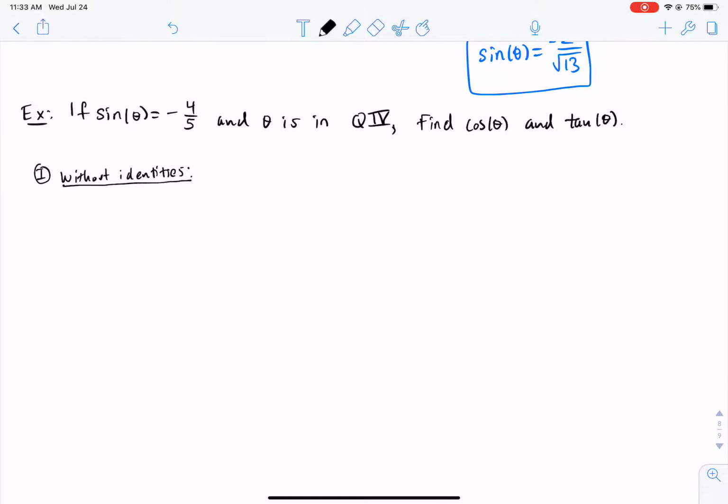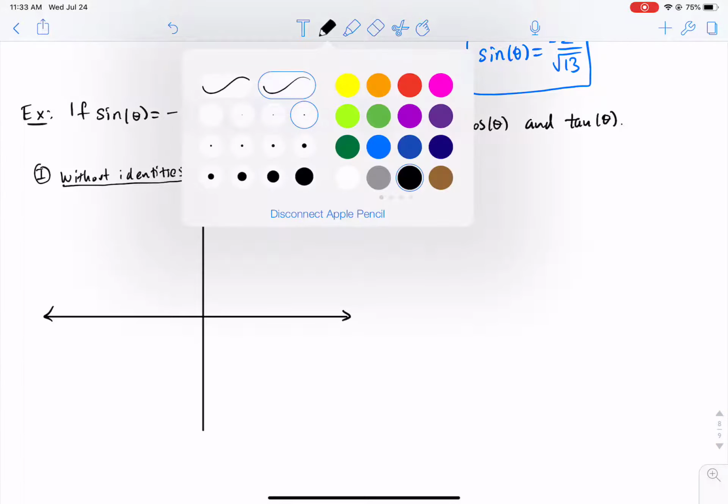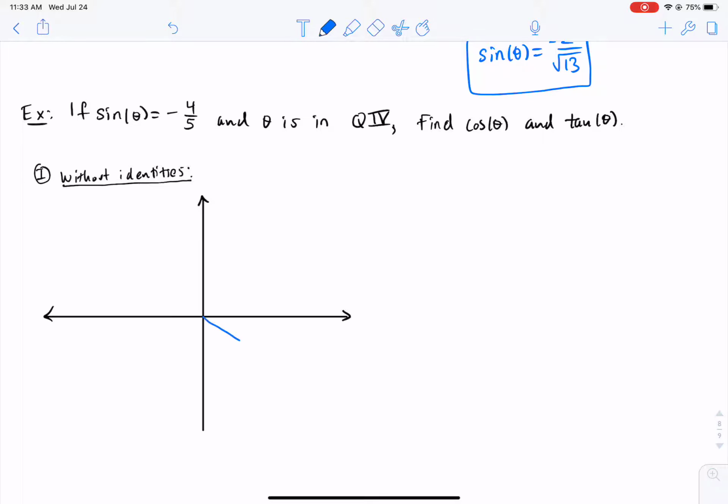So without identities, here is what we have. We have a theta value in quadrant 4. So we're going to have something like this in the fourth quadrant. We don't know what theta is, right? All we are given is that sine theta will be negative 4 over 5. And we're also given that theta is in quadrant 4.